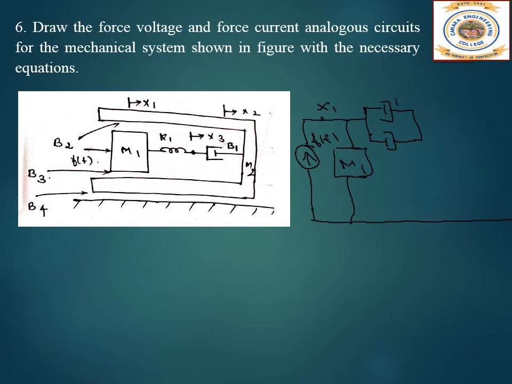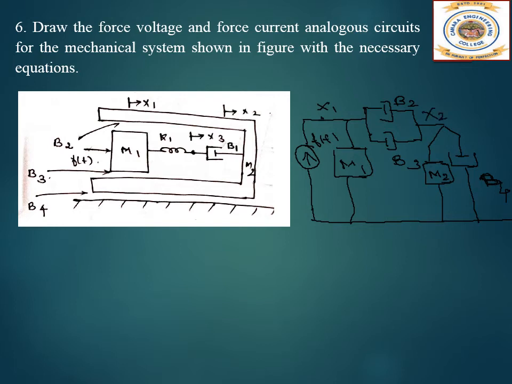Then we have the node x2. At x2 we have m2 and also b4.